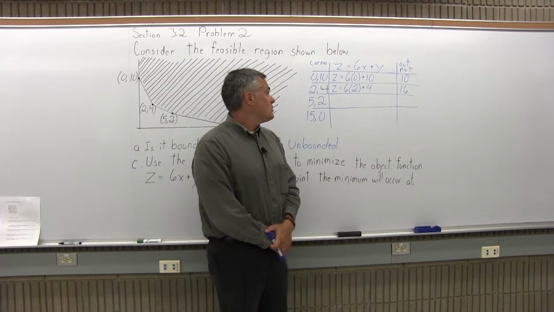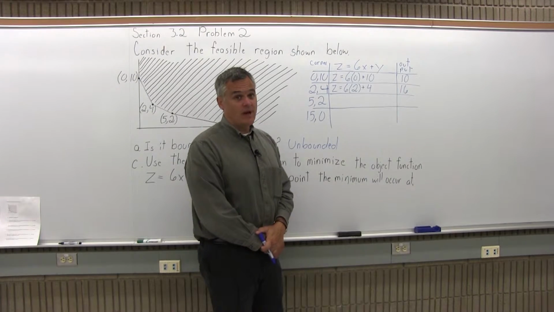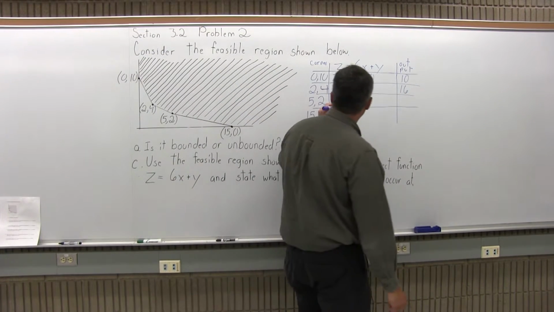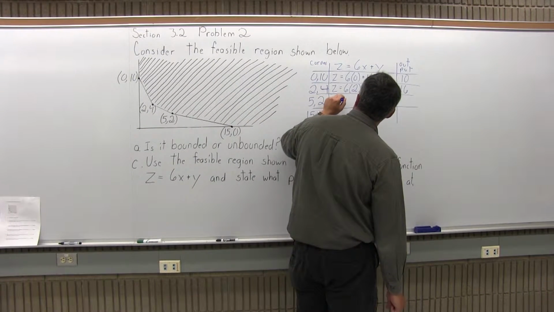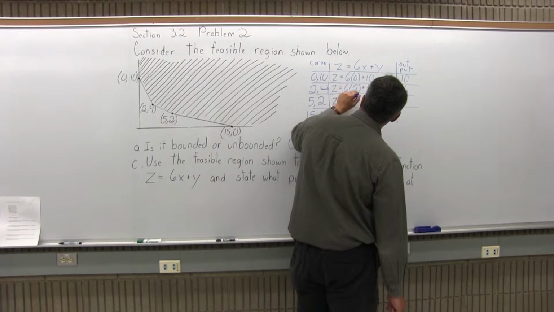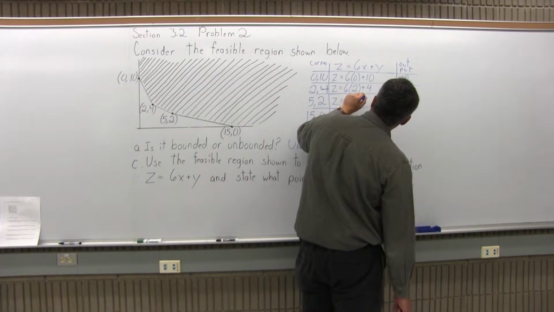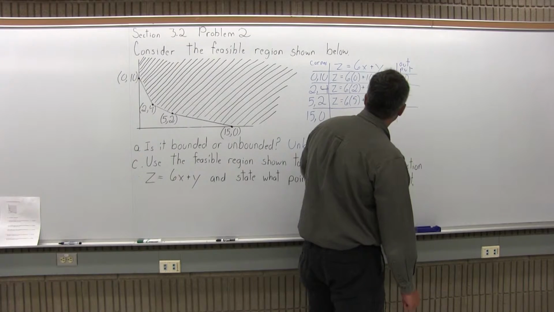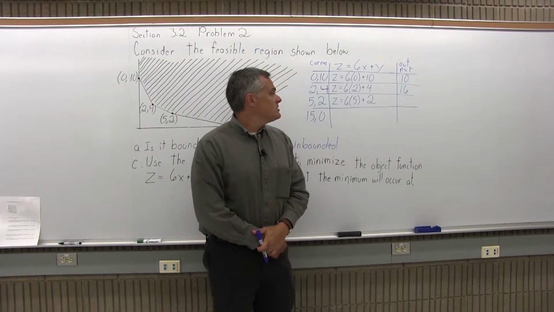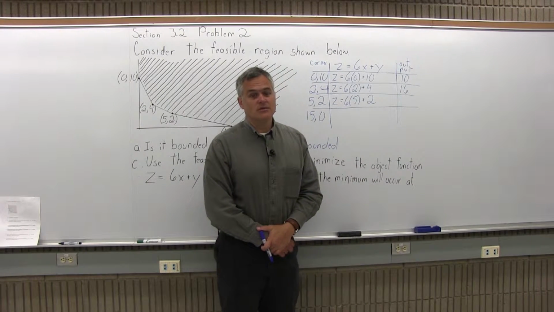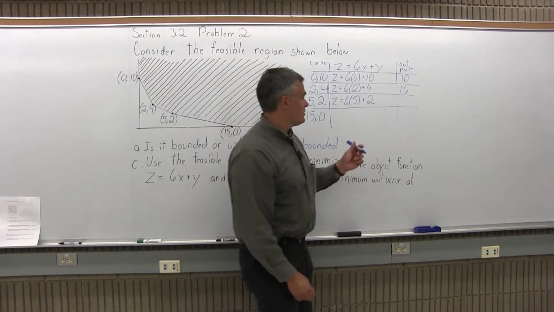Now the next corner point down is 5, 2. X is 5, y is 2. So the object function will be 6 times x, which is 6 times 5, then plus y will be plus 2. So 6 times 5 is 30, and then 30 plus 2 is 32.